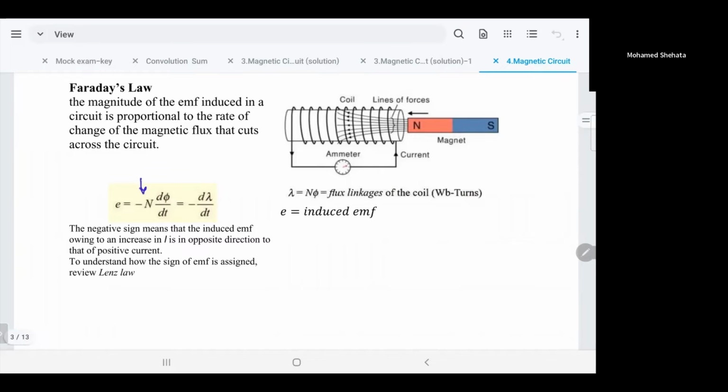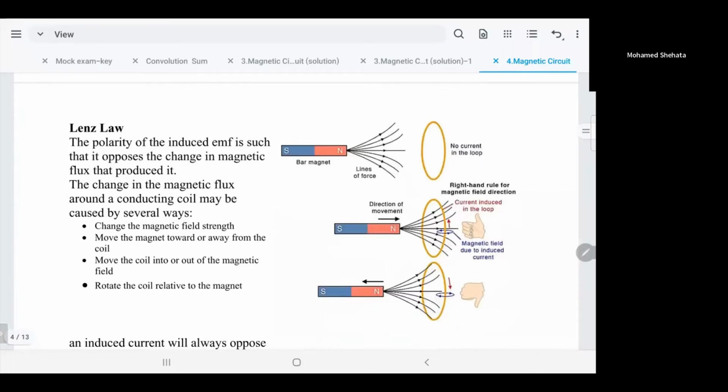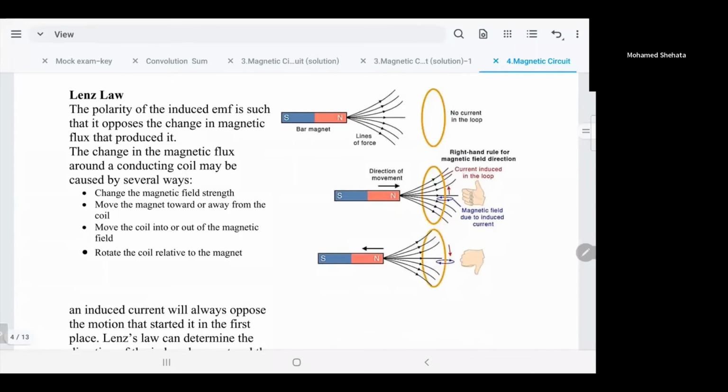Why do you put the negative? What direction? What I said is explained by Lenz's law, because the current direction is in a way to build a magnetic field opposing what's happening.